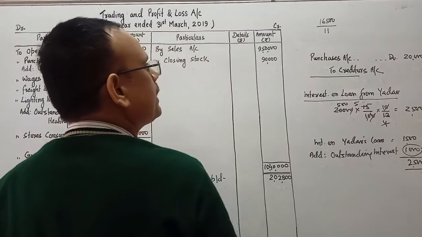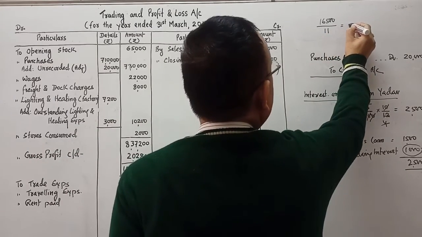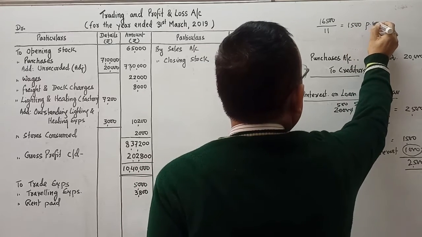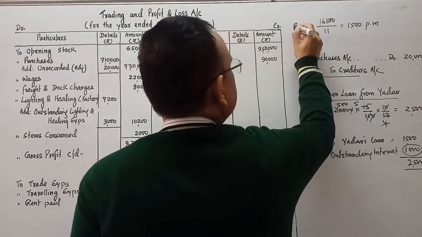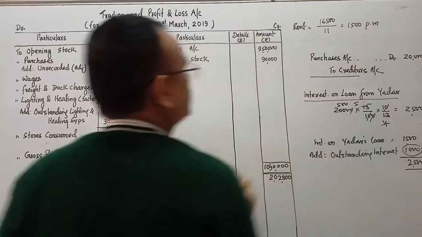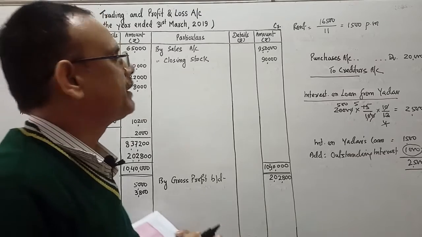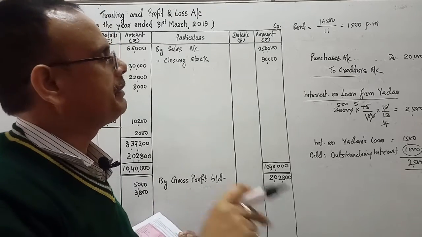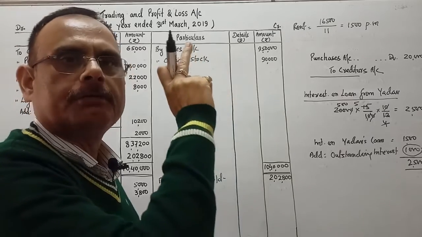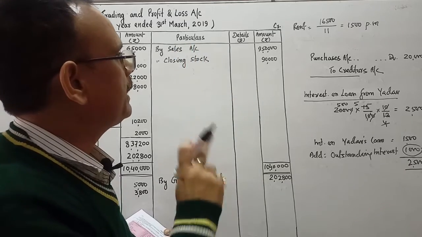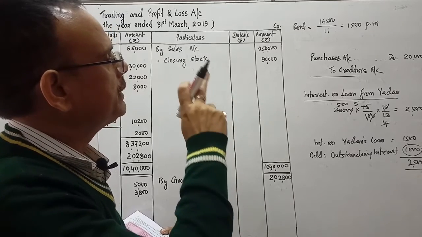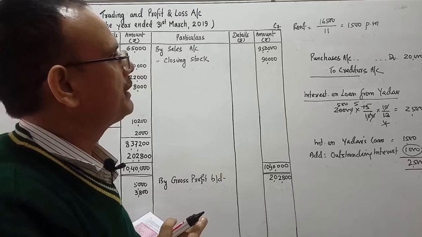So when we divide by 11, the rent per month is 1,500.